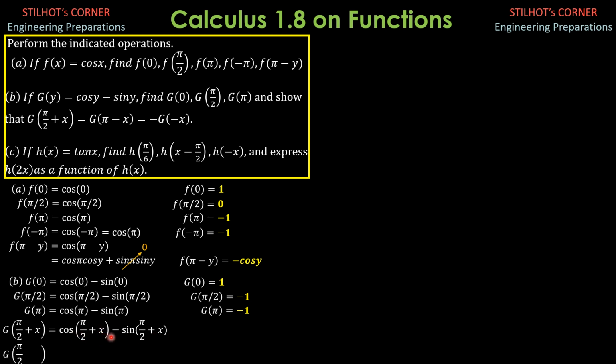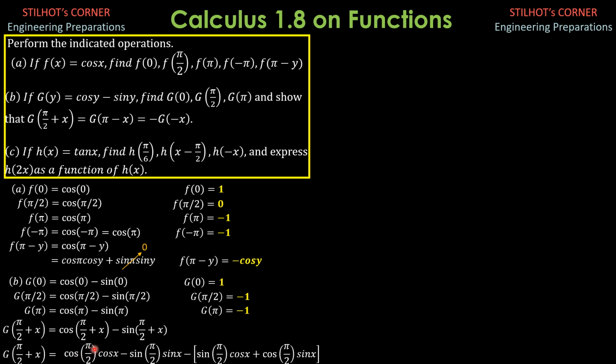So g of pi over 2 plus x equals cosine pi over 2 cosine of x minus sine of pi over 2 sine of x, then minus the quantity sine of pi over 2 cosine x plus cosine of pi over 2 sine x.